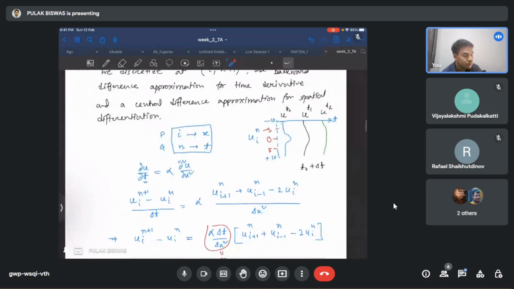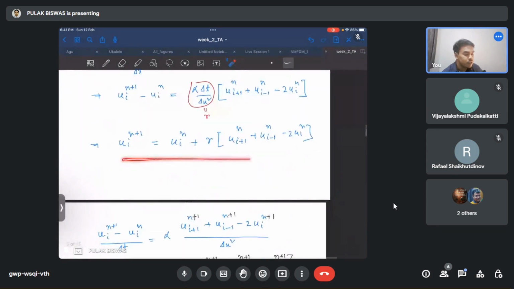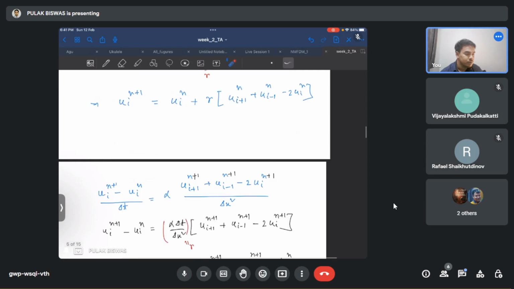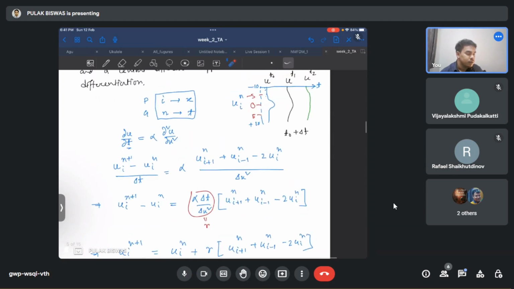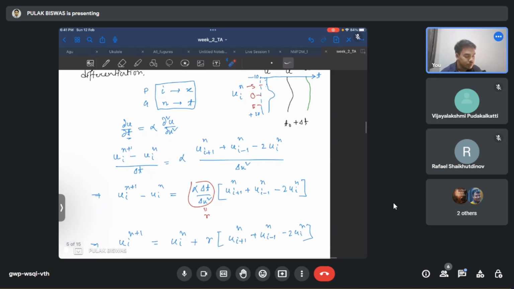Similarly, if you use the explicit method, you can use I plus 1, I minus 1, these three only, and you can calculate that. Using the implicit method, you also want to calculate, for 0, what will be the next value, the 0th value at the next time.